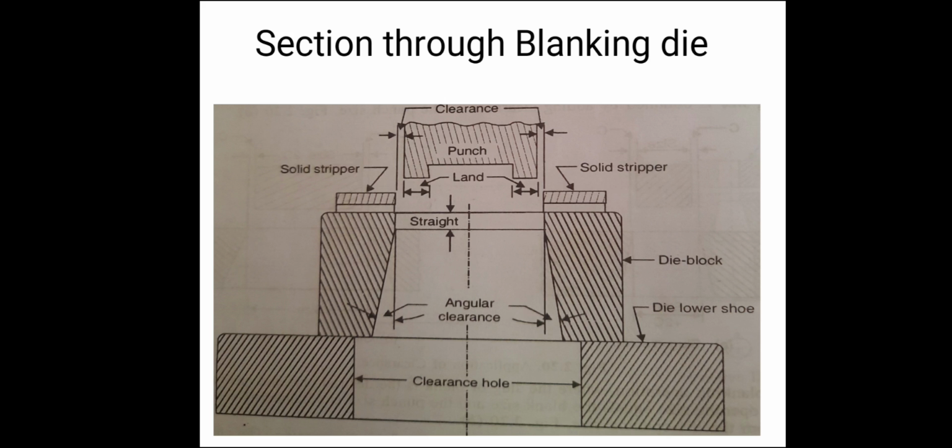The blank is thus actually larger than the die opening that has produced it. It depends upon different types of operations. Okay. So in the next lecture we will discuss cutting forces and other parts of this chapter. Till then, thank you very much.